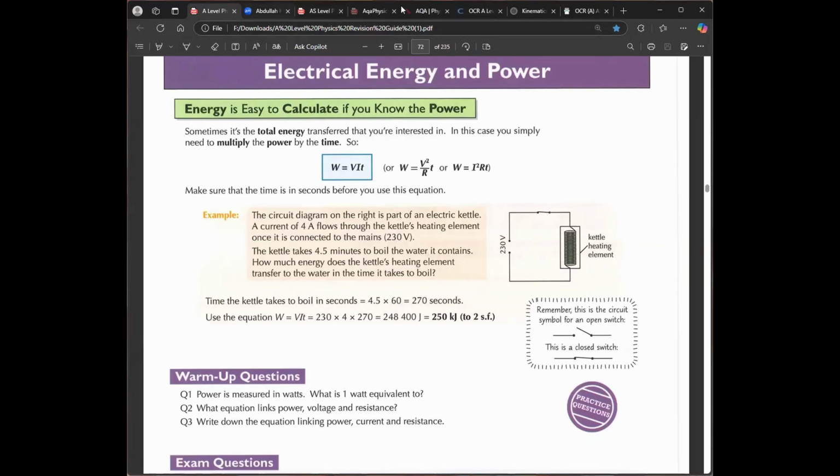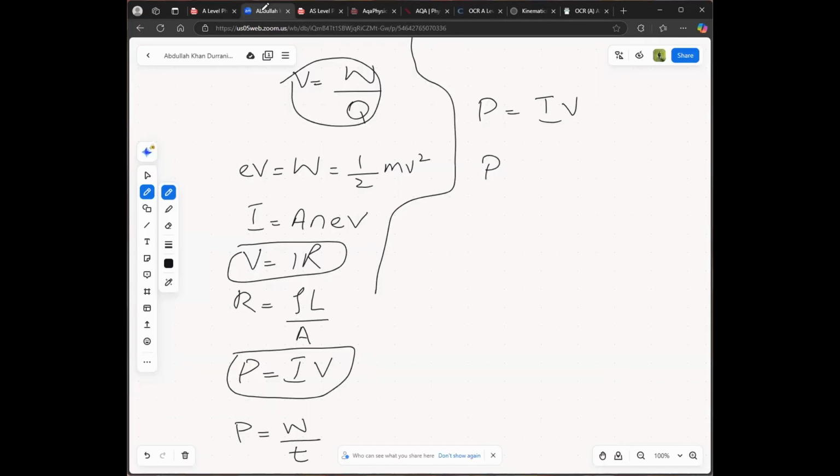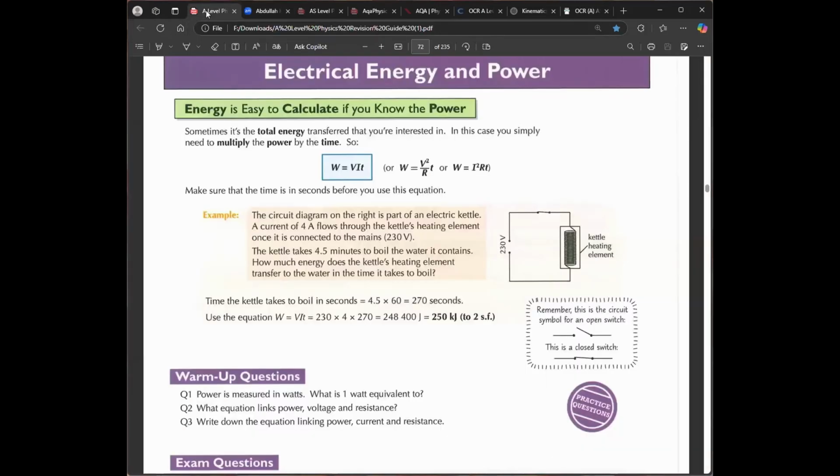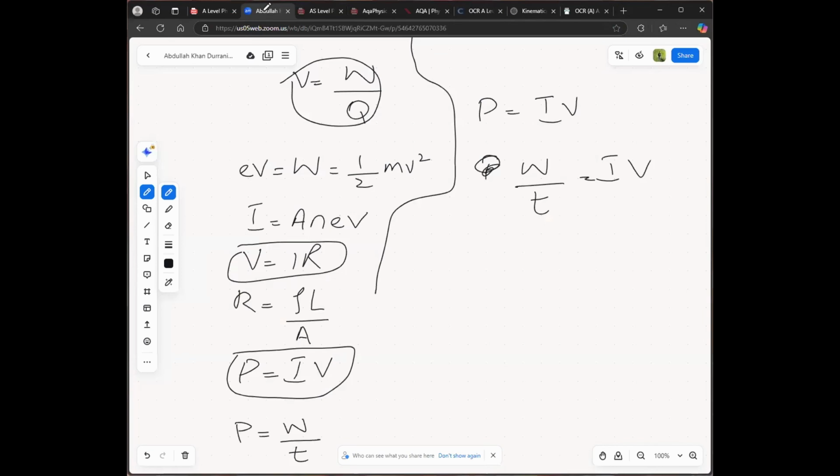So P is equal to IV, and P is also equal to work done over unit time. So I'm going to write W over T equals IV, and you just take T on the other side, and it becomes W equals VIT.